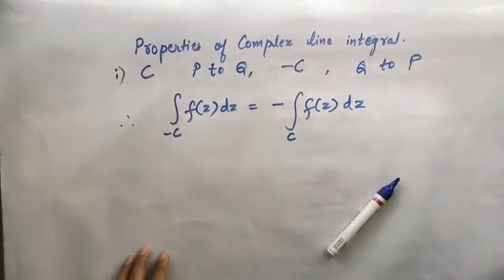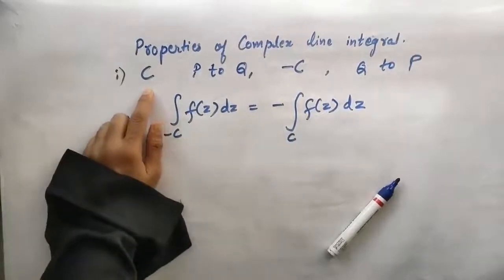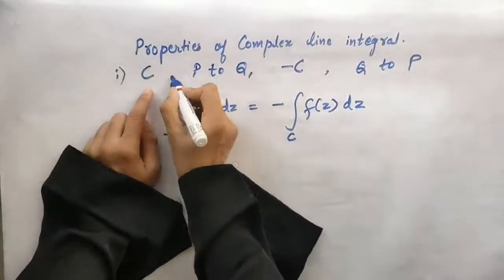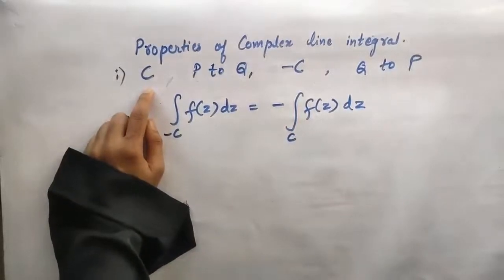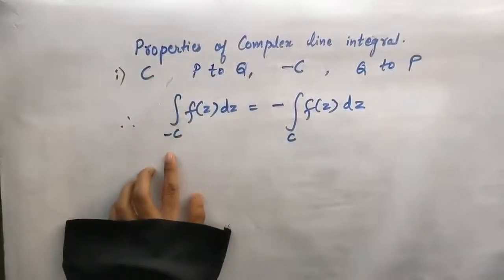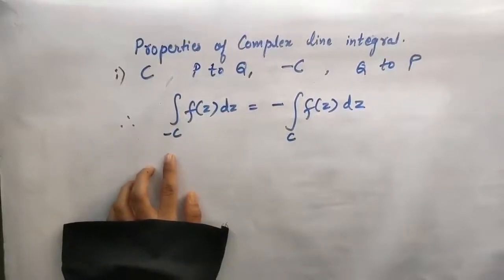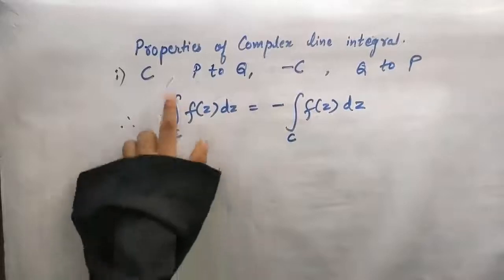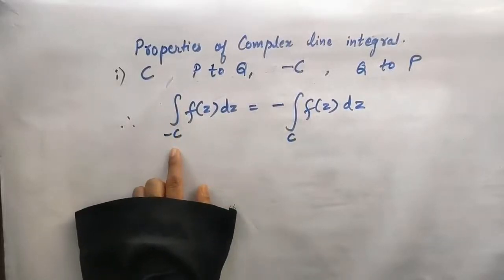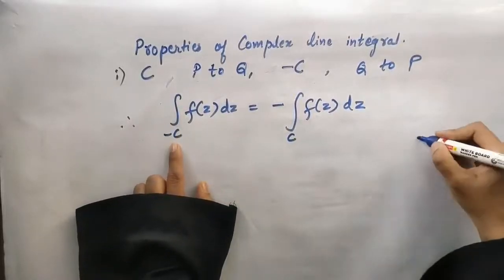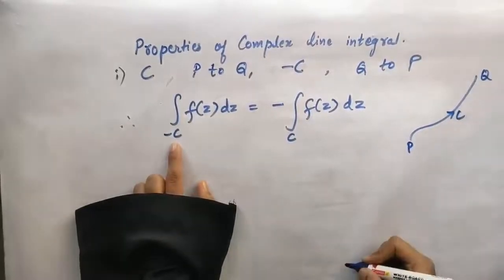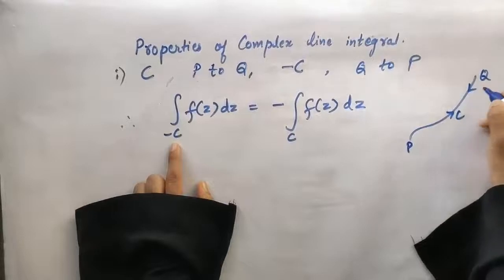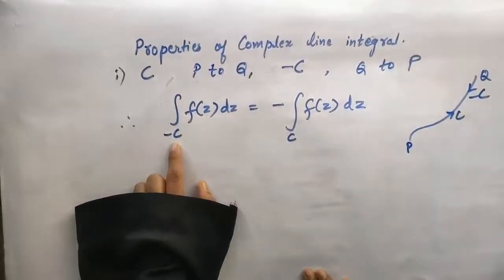So I hope the point is clear. When C is connecting the points from P to Q, then minus C will obviously be the opposite of it, connecting the point from Q to P. So if we are going that way, it will be negative. If this is P to Q, this direction is C for us. Minus C will be this direction from Q to P.